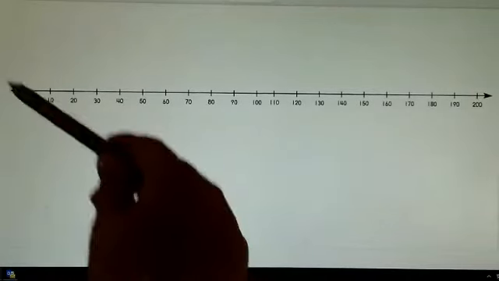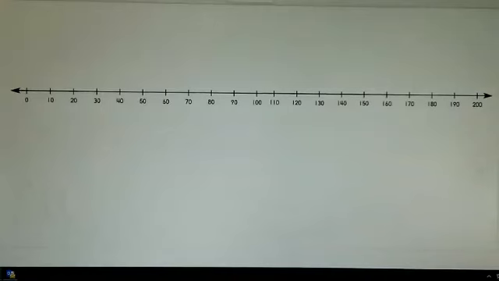So if I start at 0, I can go 3 groups or jumps of 10 to get to my answer. So 3 groups of 10 is 30. That's where it stopped. So that's how I get those.